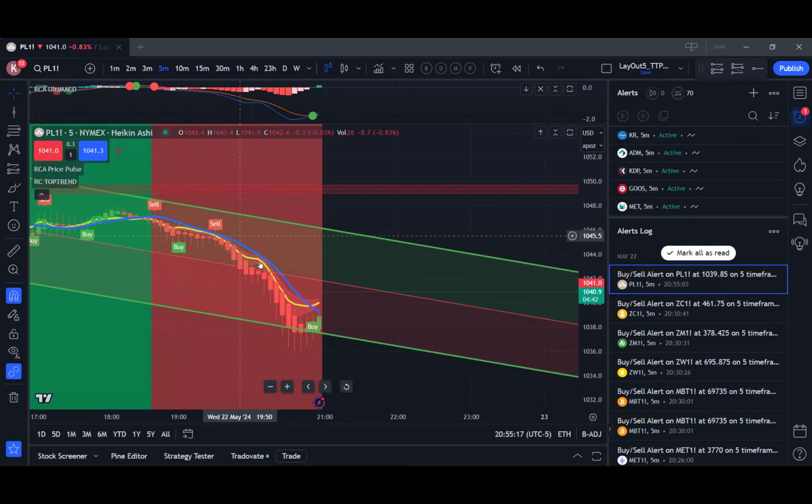We got a buy on platinum also, but because the trend is bearish, generally we will avoid the buy signals.